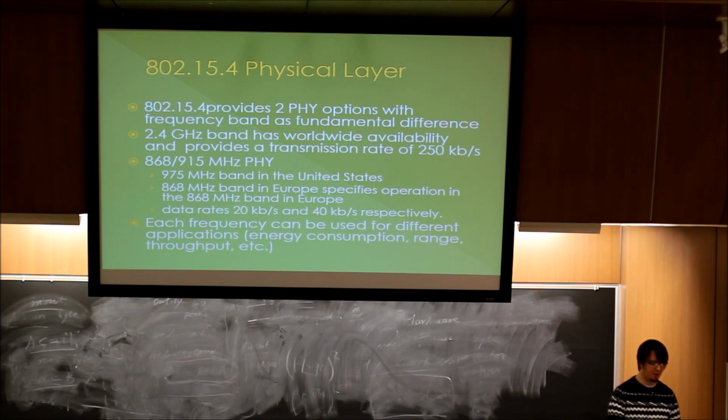Then you can choose between the 868 or 915 megahertz frequency module, which is available in different parts of the world for different frequency bandwidth restrictions. And so you can choose different modules based on your application, whether you're trying to focus on throughput or power consumption or distance, whatever's applicable there.